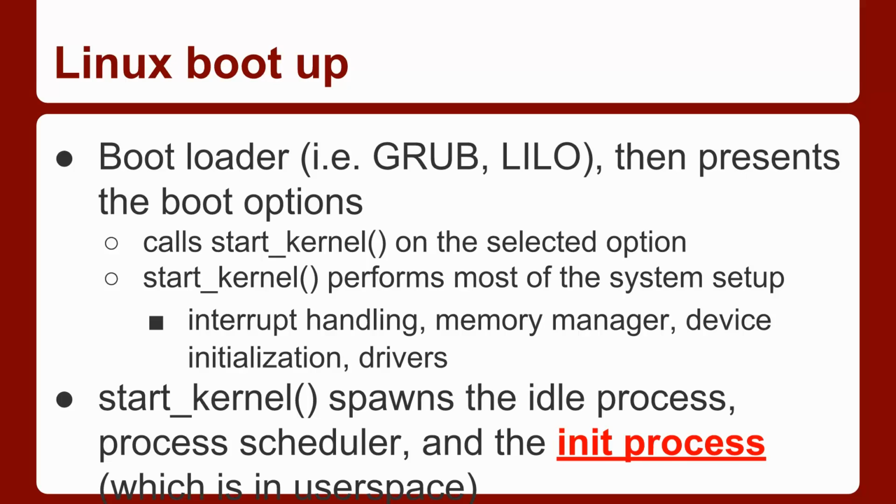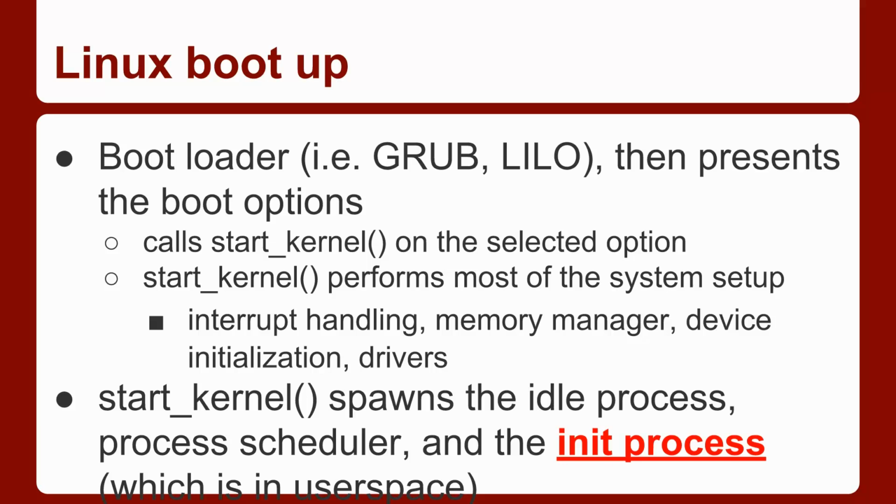And this performs most of the system setup, initializes interrupt handling, the memory manager for dynamic memory and other device initialization, kicks off the drivers necessary for the operating system to interface with the hardware. And it spawns the process scheduler, the idle process, and the init process, which is all in user space.